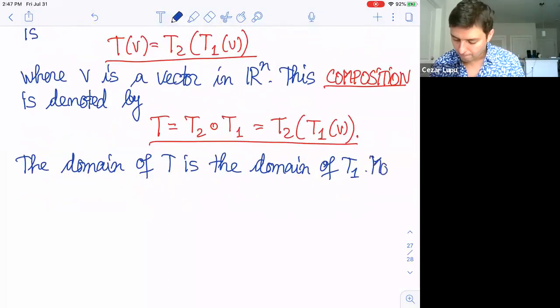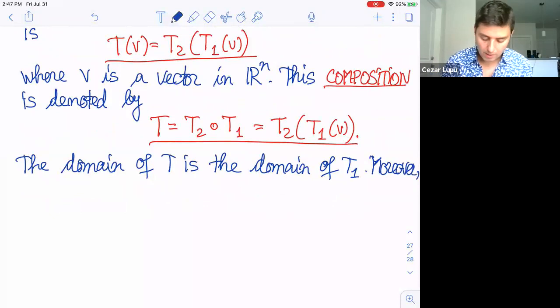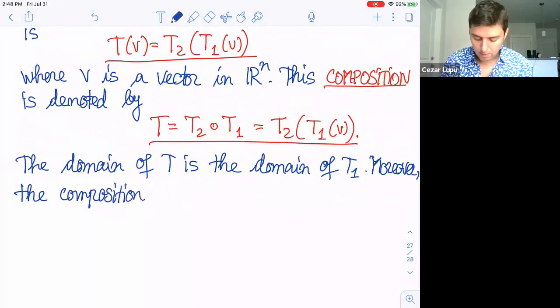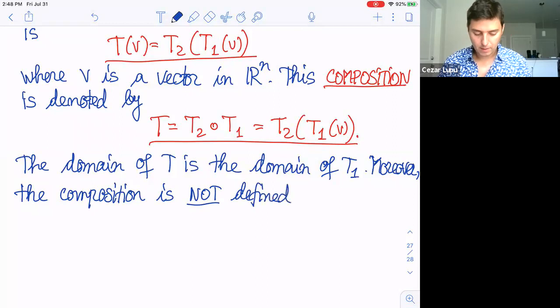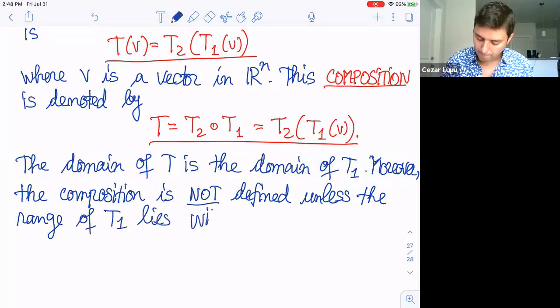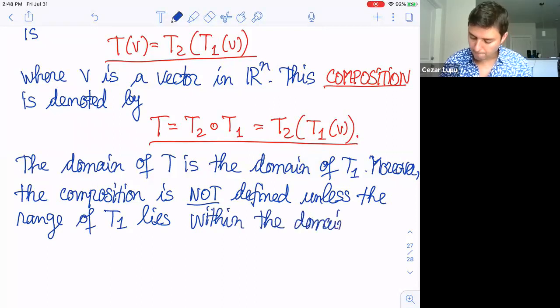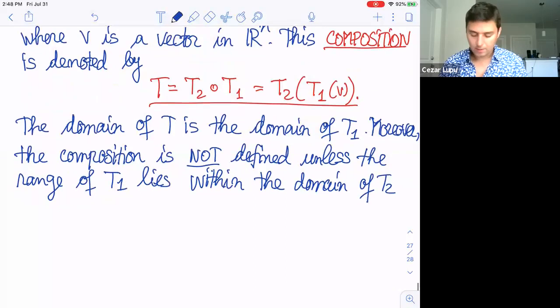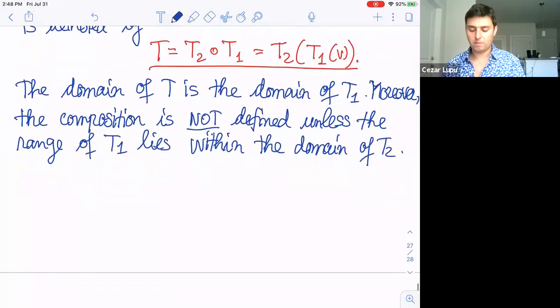Moreover, the composition is not defined unless the range of T1 lies within the domain of T2. And let me describe this with a picture.